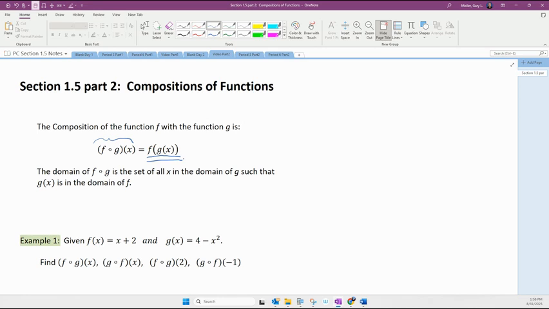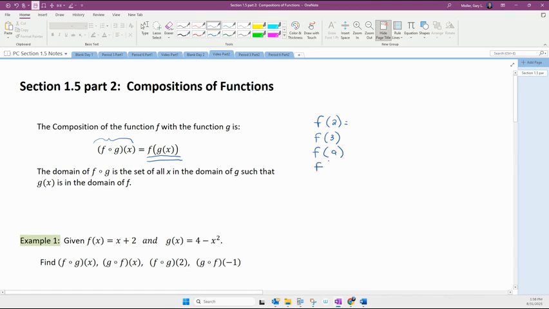It is telling you to plug in and insert the function g of x into the function f. Much like if you had a function and you said f of 2, that would tell you to plug in 2. f of 3 tells you to plug in 3. We did this earlier. f of a would mean plug in a.